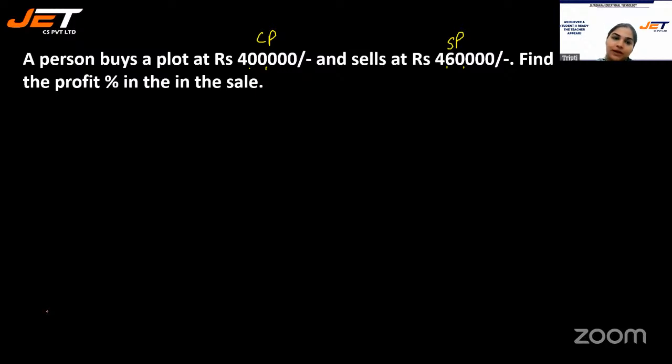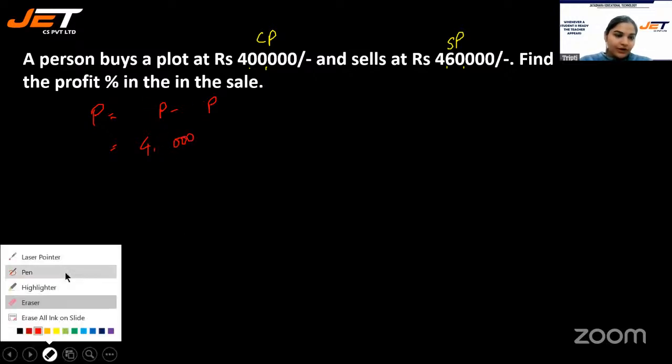Okay. So here, if I talk about the profit, profit is cost price minus the selling price. Cost price is 4 lakh. Oh, wait, sorry. Selling price minus cost price. Wait, I have written it. Okay.